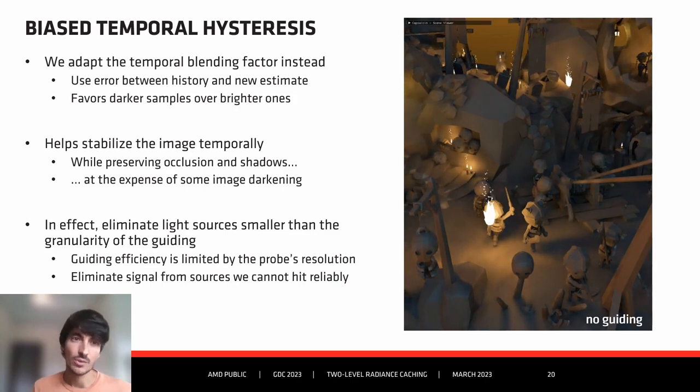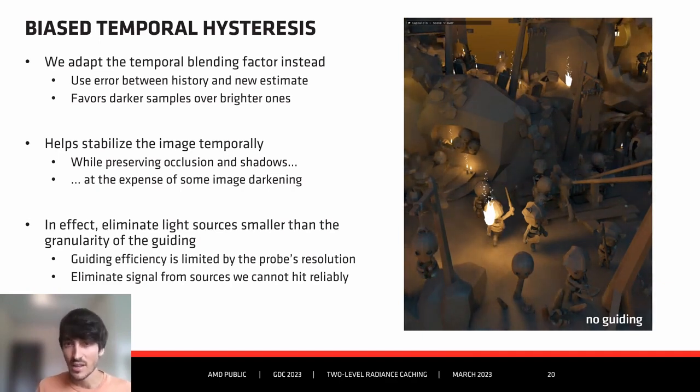Instead, we decided to adapt the temporal blending factor. And we do so by using the error, the normalized error, between the history and the new estimate in a way that favors darker samples over brighter ones. This helps stabilize the image temporally while preserving occlusion and shadows, but at the expense of some image darkening.